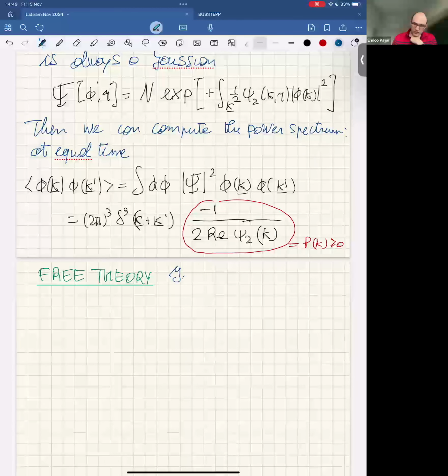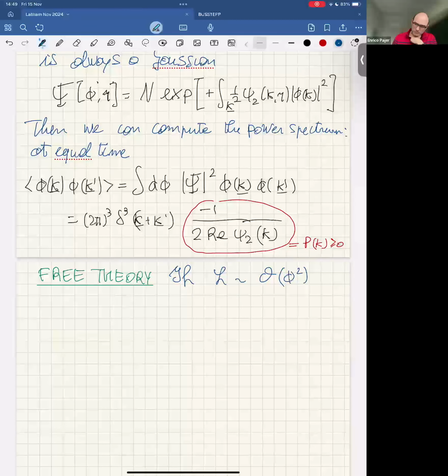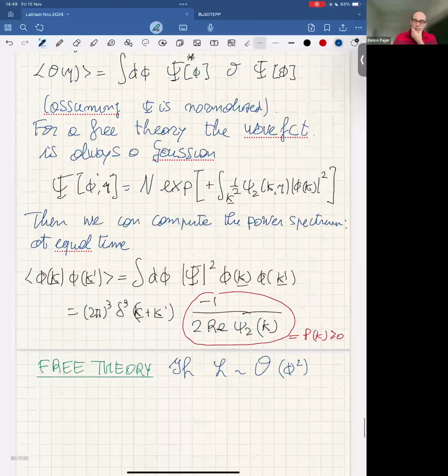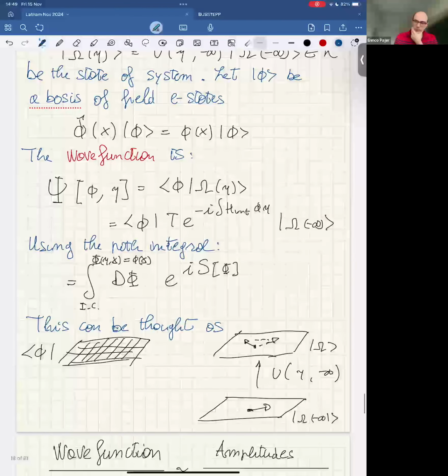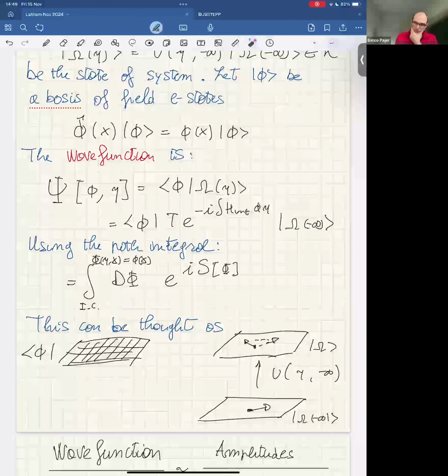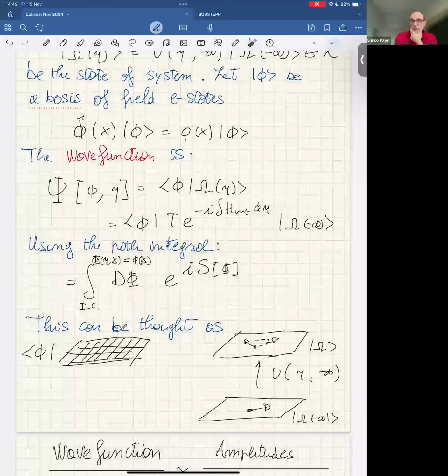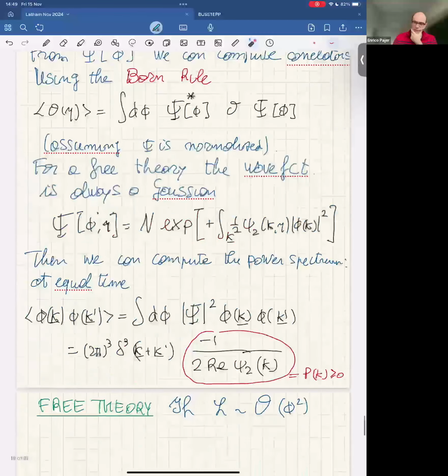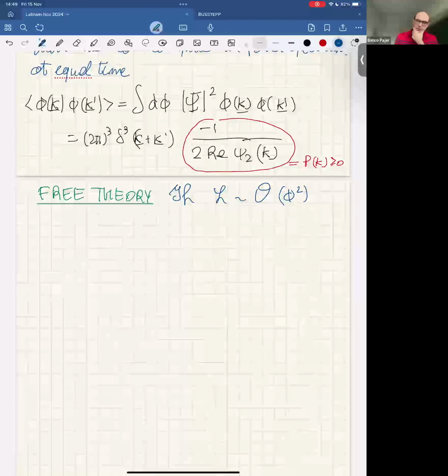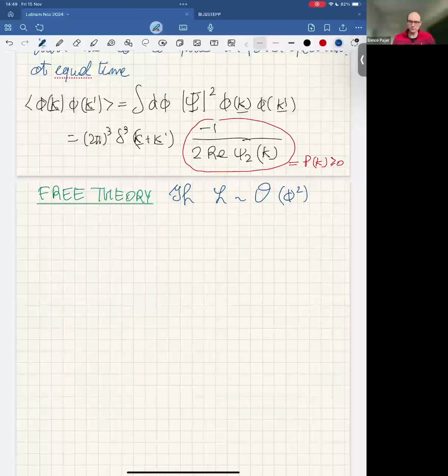A free theory has a Lagrangian which is quadratic in perturbations. Then we can perform the path integral that defines the wave function. Remember, the wave function was defined by this path integral. But if this exponential is just quadratic, this is just a Gaussian path integral, and I know how to perform it. And so I'll sketch for you the calculation.